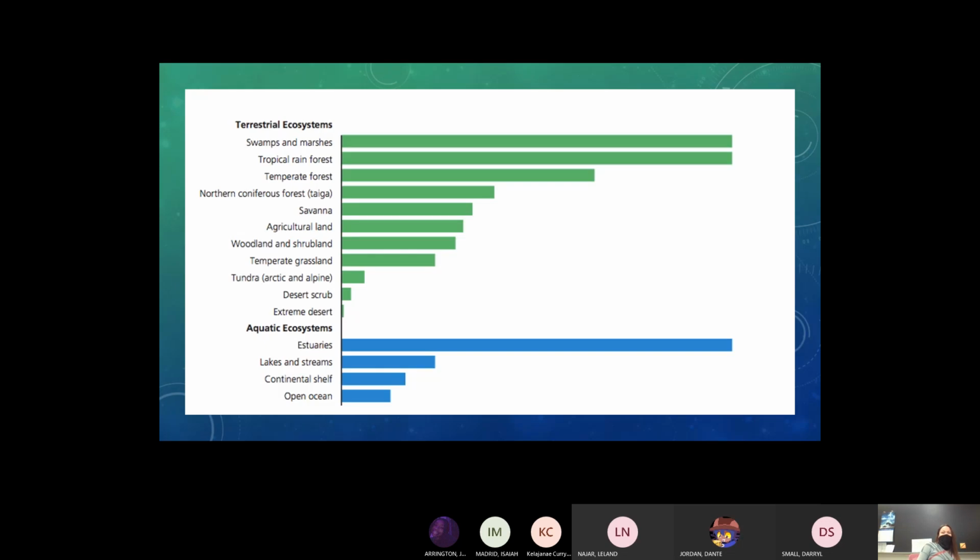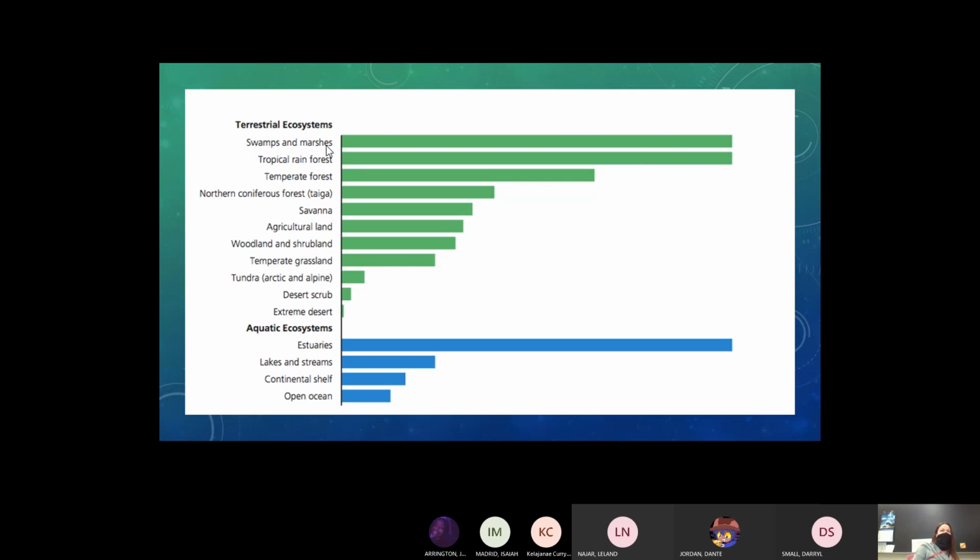So you guys have all seen all the different biomes for the most part. Here's kind of your primary productivity comparison, because obviously I don't have an x-axis of how good or bad the ecosystems are, or how they're able to produce energy for that bottom part of the food pyramid. So swamps, marshes, rainforest, temperate rainforest, coniferous forest, all in these top areas, especially these two.